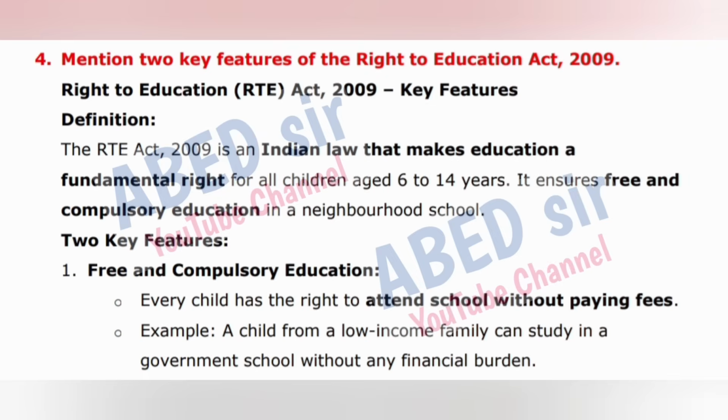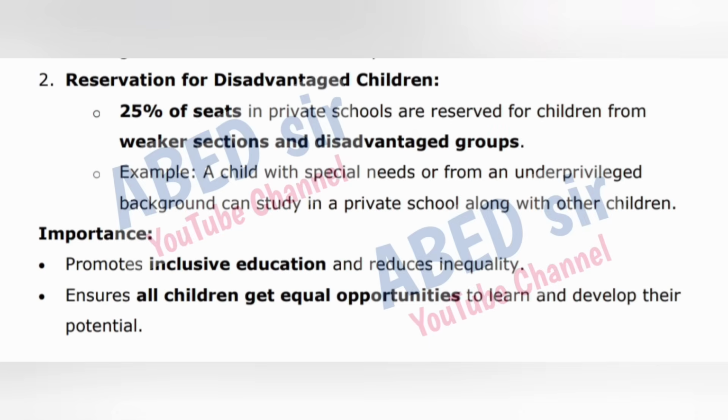Two key features. 1. Free and compulsory education. Every child has the right to attend school without paying fees. Example, a child from a low-income family can study in a government school without any financial burden. 2. Reservation for disadvantaged children. 25% of seats in private schools are reserved for children from weaker sections and disadvantaged groups.